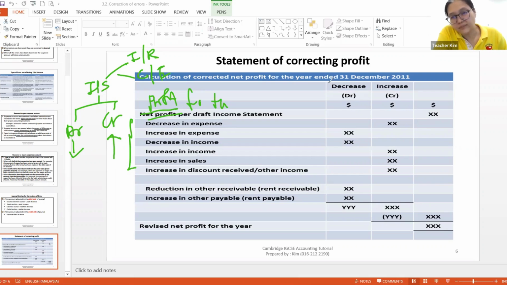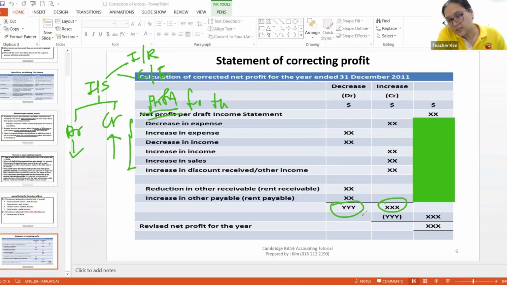And in the exam, most of the time they give you 3 columns. They want you to put in the decrease column, the increase column, and the balance. Most of the time, they will grade this area and won't allow you to write anything. So take the net amount of decrease and increase and put it here.